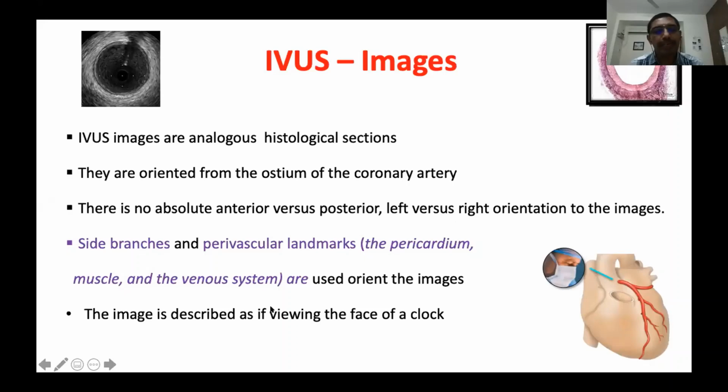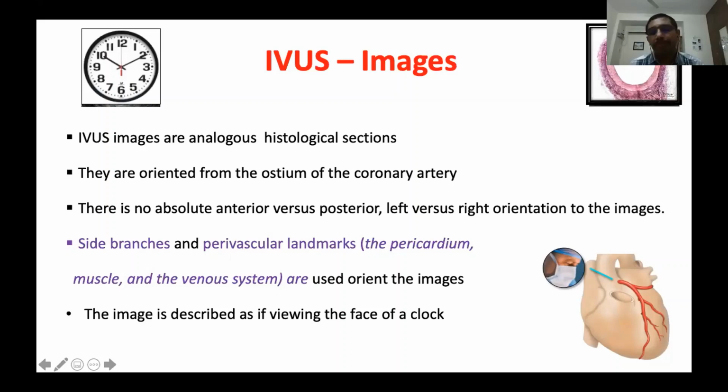We describe the images as if viewing the face of a clock. We explain an abnormality extending from 2 o'clock to 5 o'clock position, or something extending from 7 to 10 o'clock position. That is how you describe abnormalities in IVUS images. We use side branches and perivascular landmarks such as the pericardium, muscle tissue, and the venous system to orient ourselves inside the coronary artery.